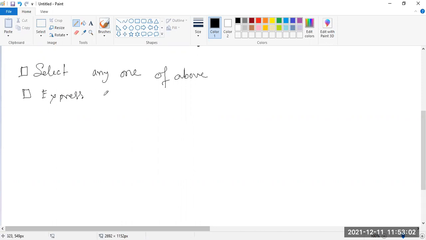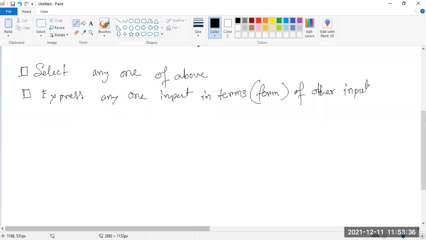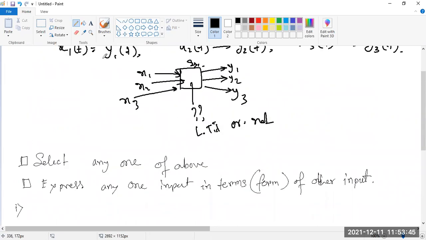So express any one input in terms of the other inputs. First, you can say this is your x1, x2, x3.